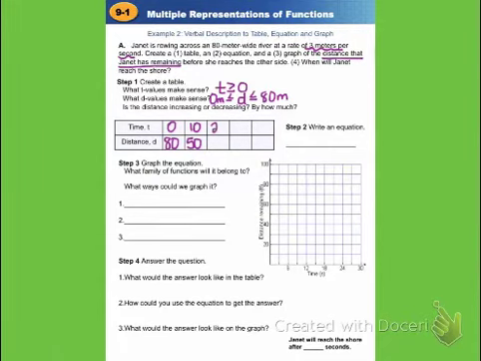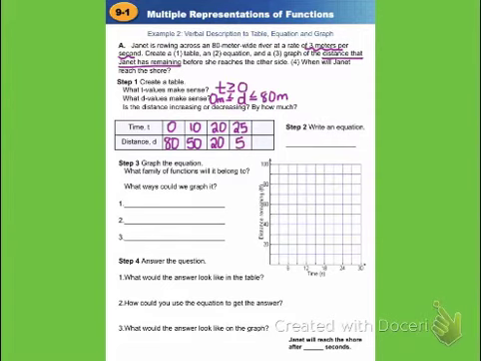After 20 seconds, she would have gone 60 meters, so that means there's 20 meters to go. After 25 seconds, 25 times 3 is 75, that means there's 5 meters left to go.